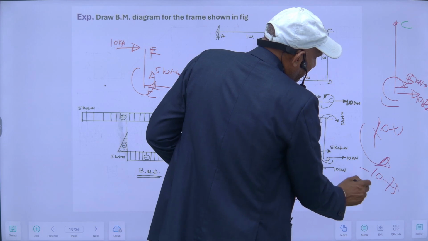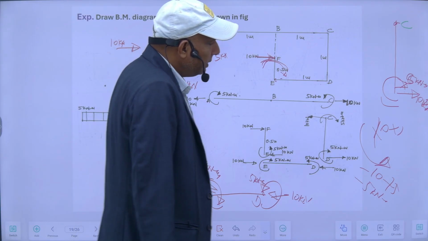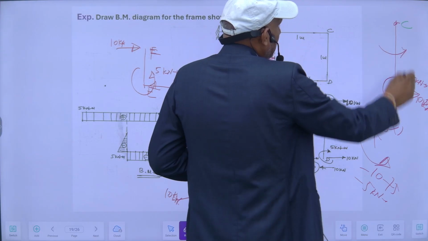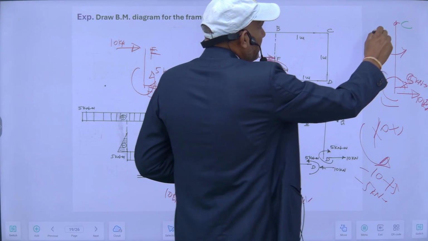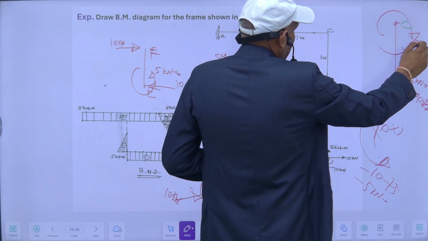So it will be minus 5. So minus 5 will be hogging, and this must be in this direction. To resist this, there must be a moment in this direction of 5 kilonewton meter.